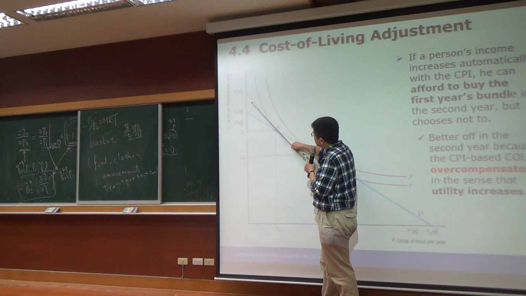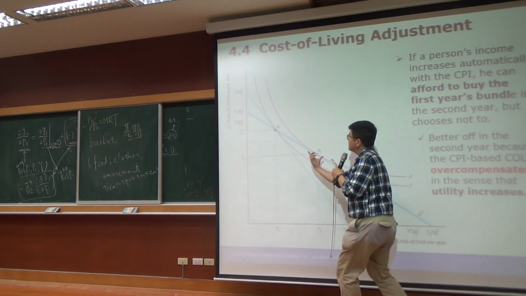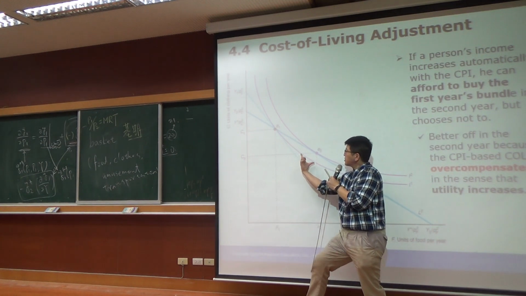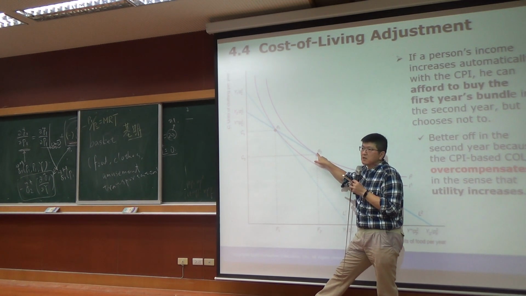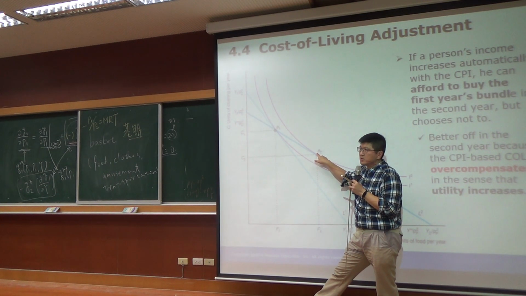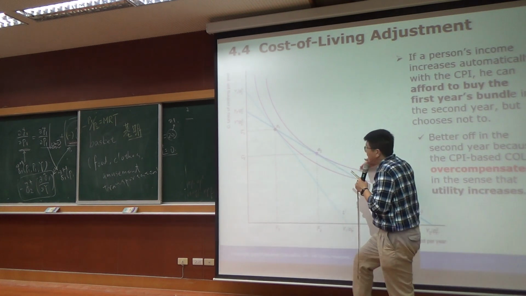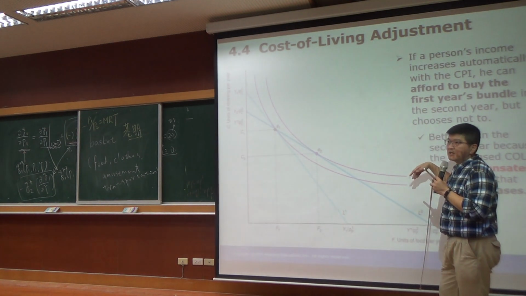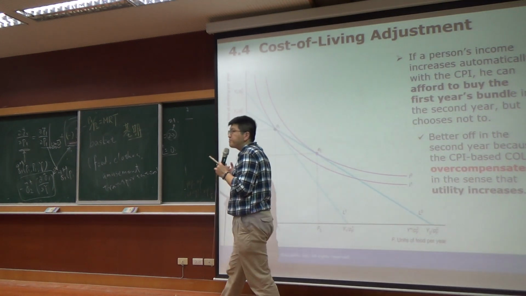But with this new budget line, when we are maximizing our utility, we may find a new optimal consumption bundle here, right? And this one will fall on a higher indifference curve with a higher utility level, so that you will be better off.